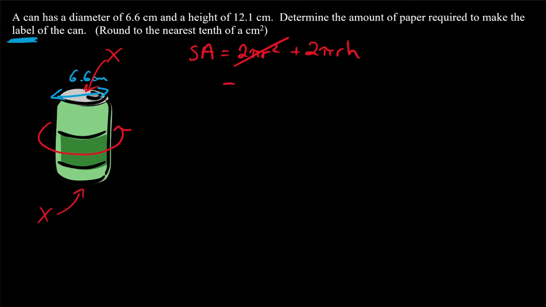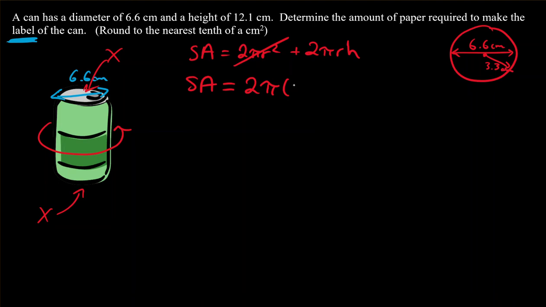Now, let's try and figure out 2 pi r h. Well, what's the radius of this thing? I'll just draw a circle. If the diameter of this is 6.6 centimeters, then the radius has to be 3.3, because it has to be half of the diameter.